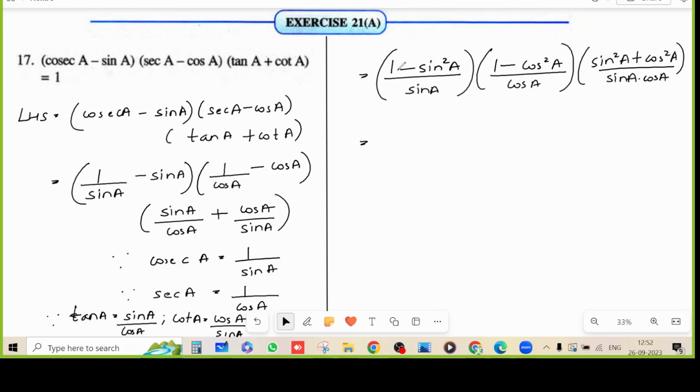Now we know that 1 minus sin square A is equal to cos square A. 1 minus cos square A is equal to sin square A. And sin square A plus cos square A is equal to 1.